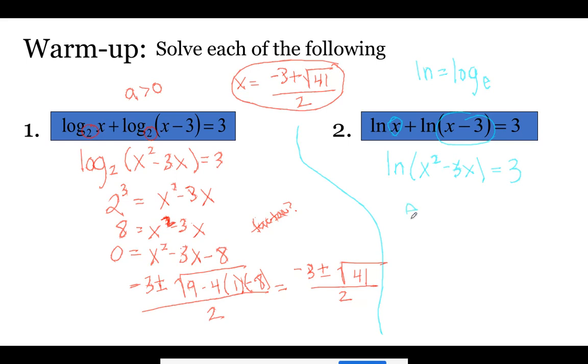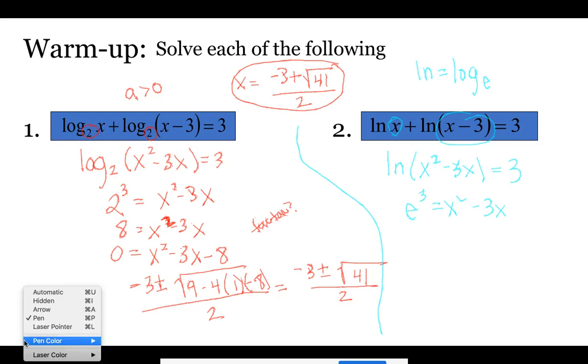So you've got e to the third power equals x squared minus 3x. E to the third power is not a nice number, right? Keep in mind e is not rational, so if I do e to the third, it's not rational.